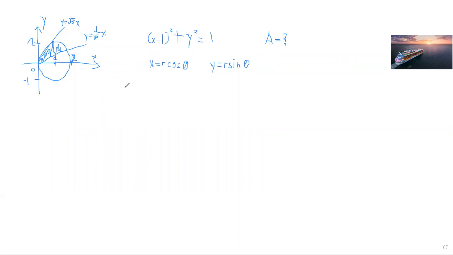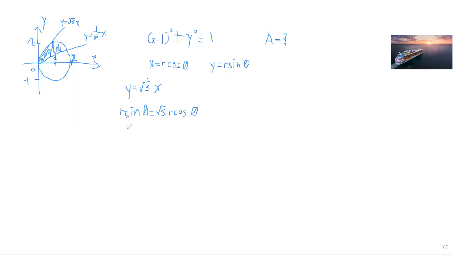So let's focus on the lines first. y is equal to root 3 x. We should just directly substitute this in. r sine theta is equal to root 3 r cos theta. r cannot be 0, so it's safe to divide everything by r cos theta.